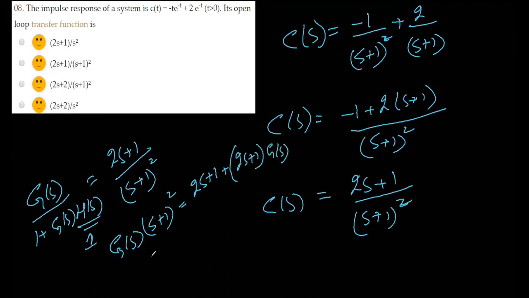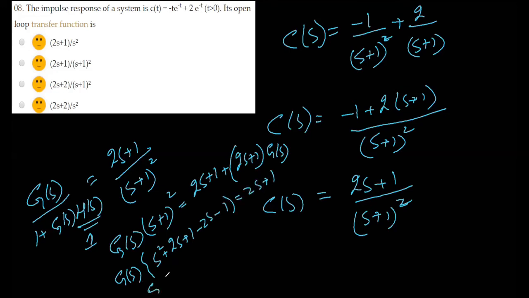So G(s) will be equal to s square plus 2s plus 1 minus 2s minus 1, that is equal to 2s plus 1.